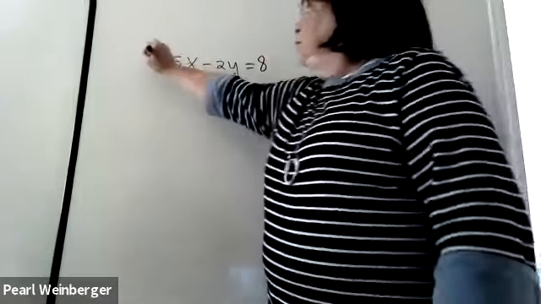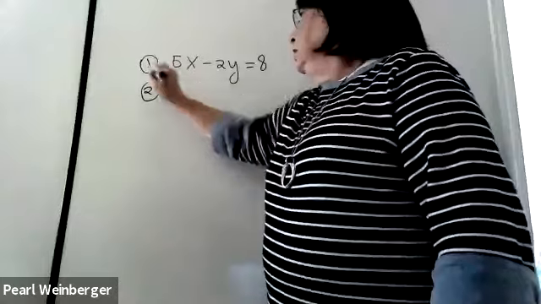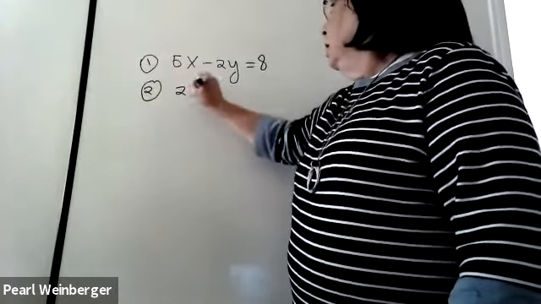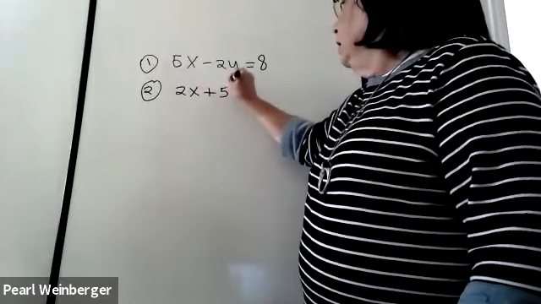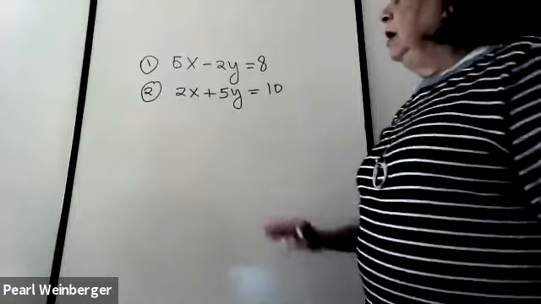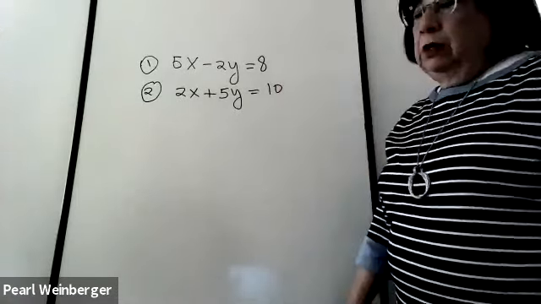And line number 2 has the equation 2x plus 5y equals 10. A different line altogether. Both of these lines are in what we call standard format.